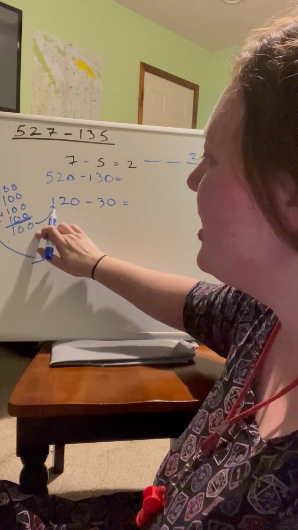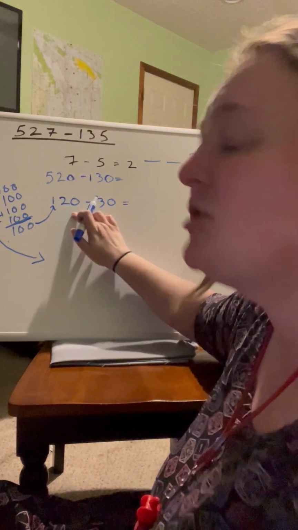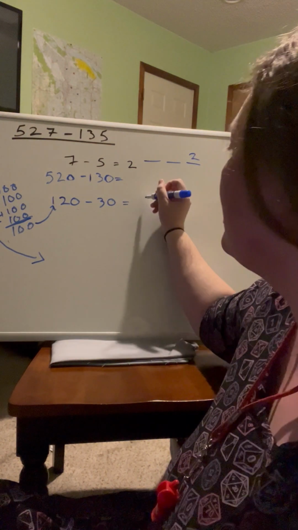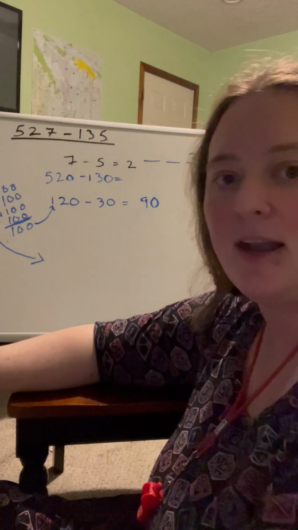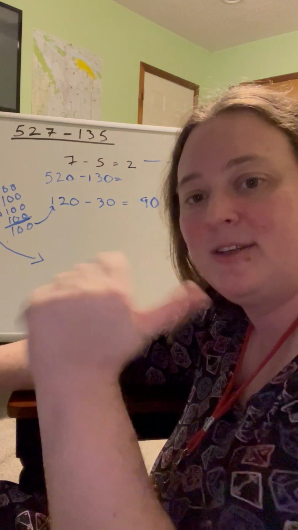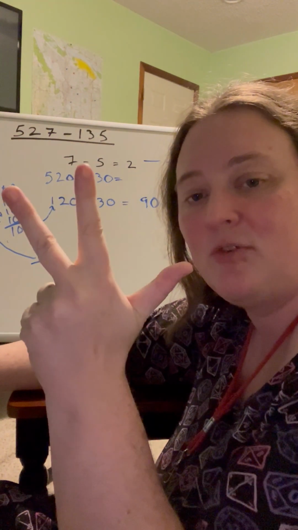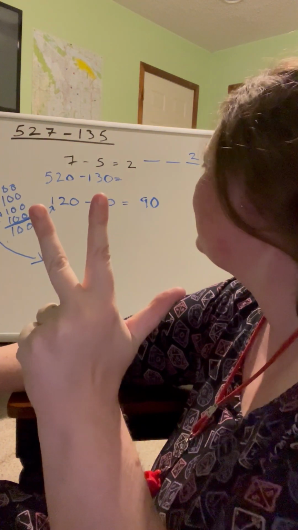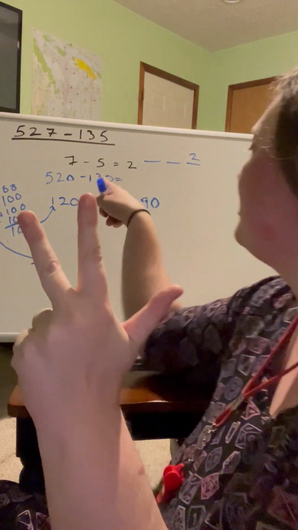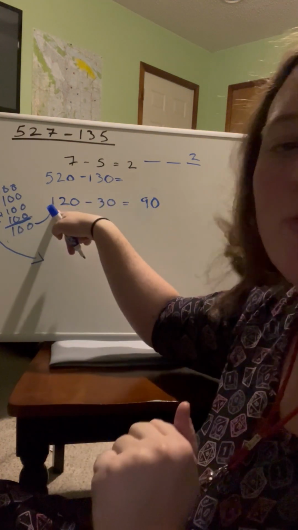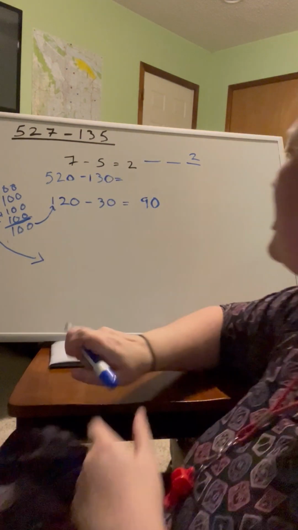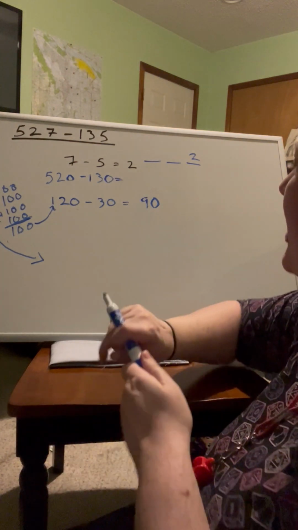We've got our 100 plus our 20, 120 minus 30, and that comes out to 90. 100, 110, 120. All good. So we've now got our 90.